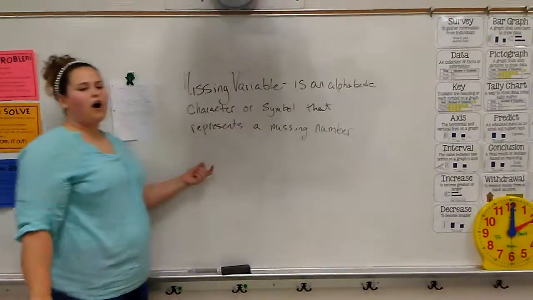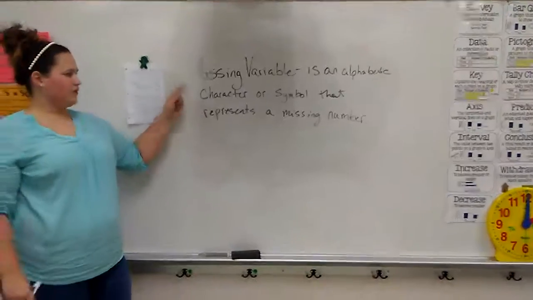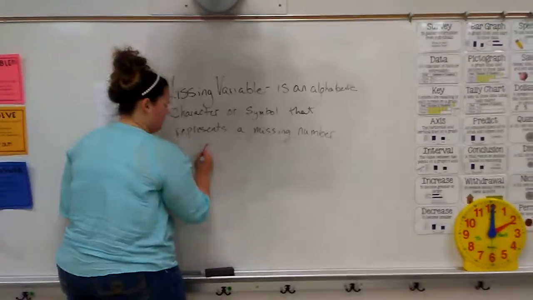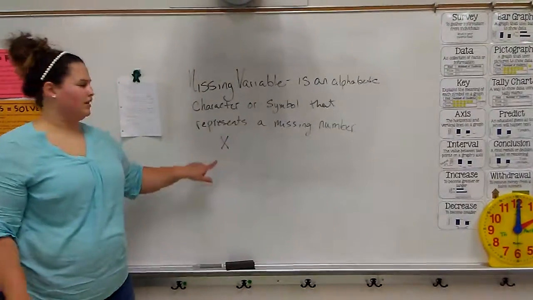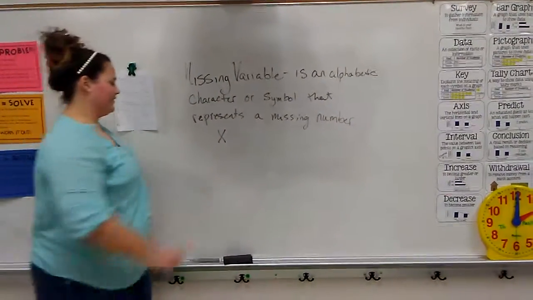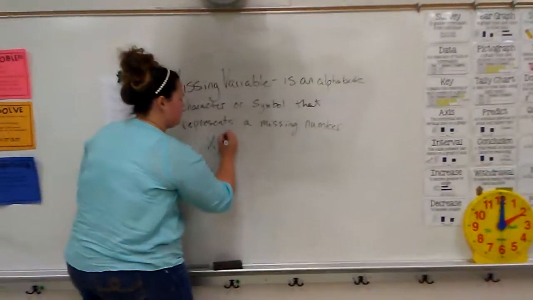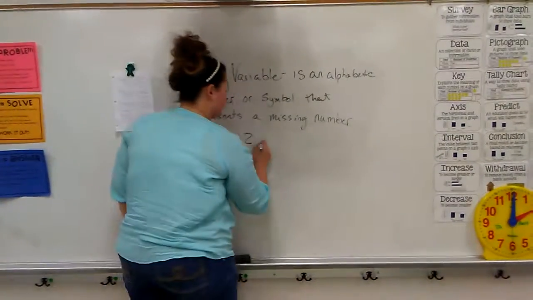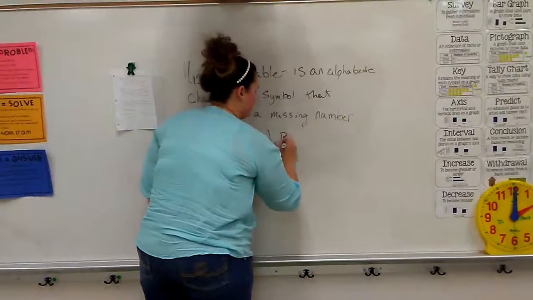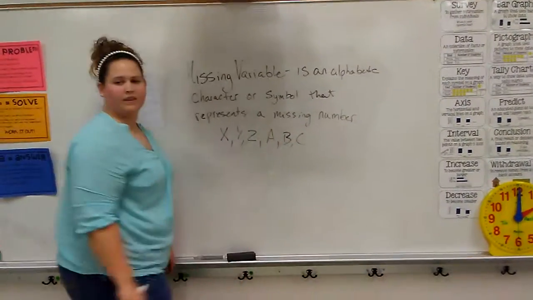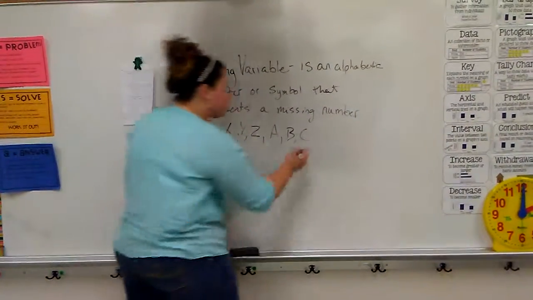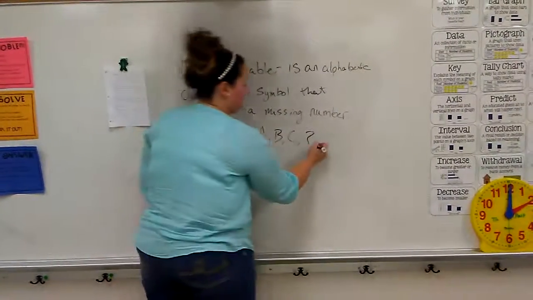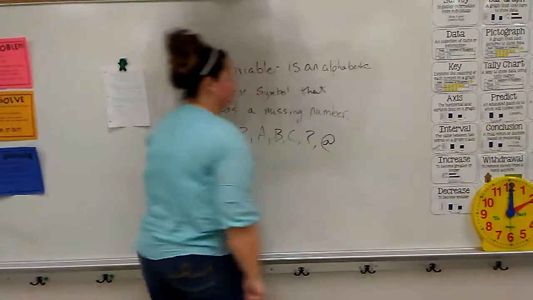One of the most common variables or missing variables that is used in math is the plain old X. You'll see this one most frequently, but you might also see a Y or a Z, and maybe even just an A or a B or a C. Sometimes you'll see question marks or maybe even an @ sign.